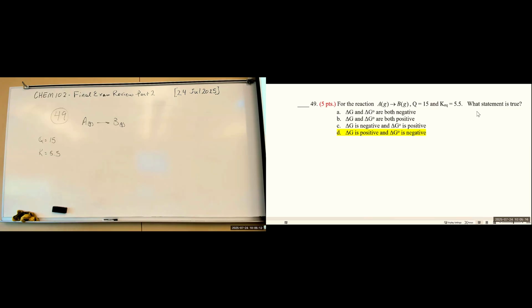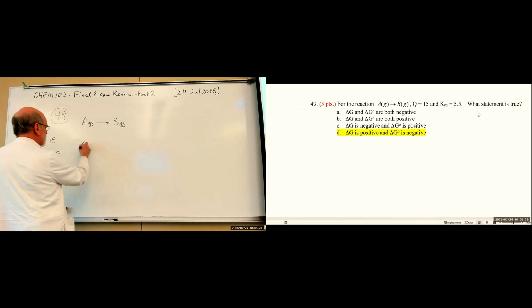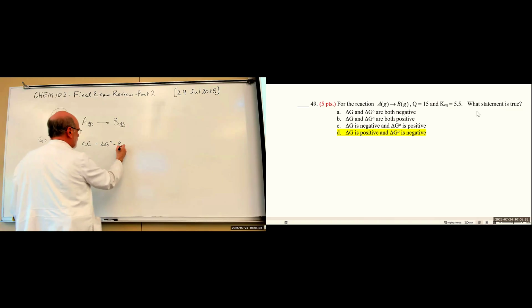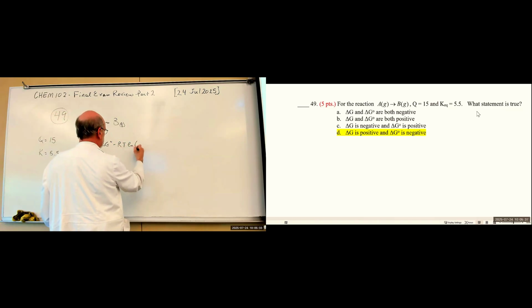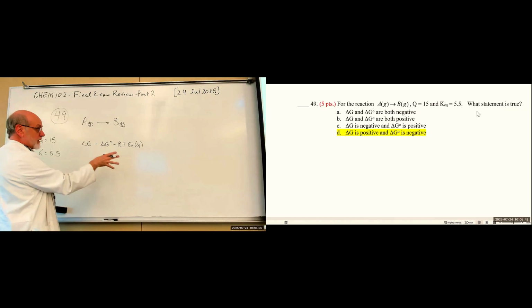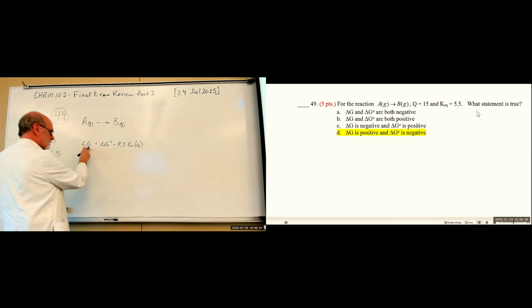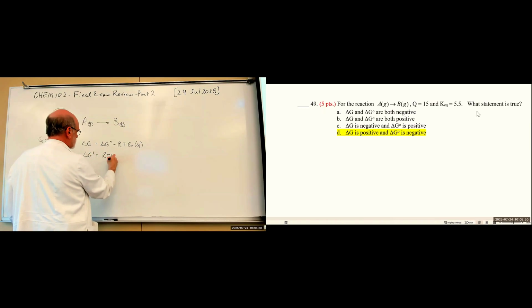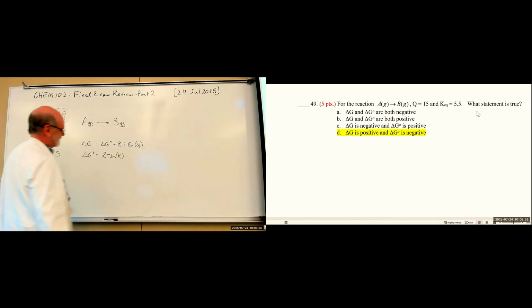Let's look at, let's see, two equations. Well, we know that delta G equals delta G0 minus RT log Q. And if we're at equilibrium, then this value is 0, and now delta G0 equals RT log K. Right?